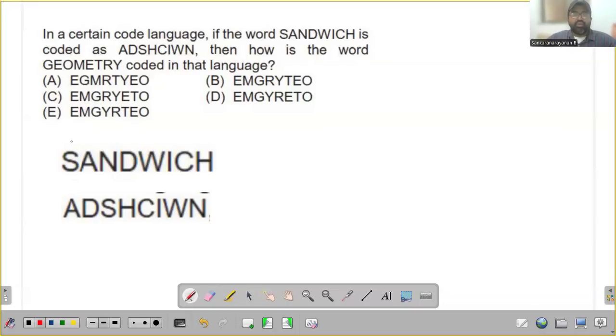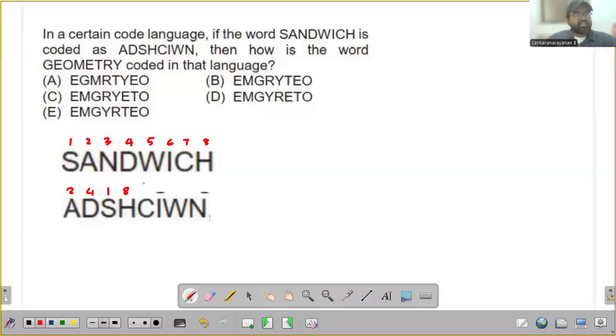1, 2, 3, 4, 5, 6, 7, 8. Okay, you can see that here A, D, S, H, C, I, W, N. This A is 2, D is 4, S is 1, H is 8.